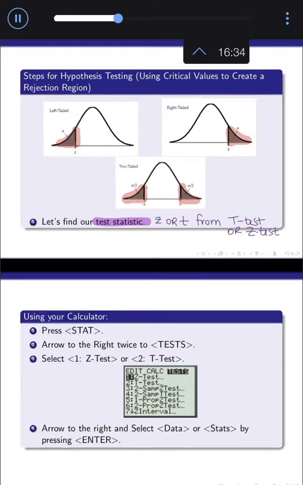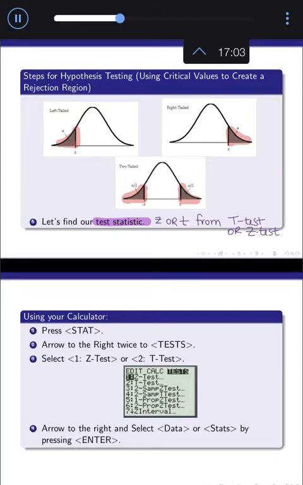And I say z's, but they could be t's, depending on whether or not you are given sigma, the population standard deviation, in the original problem. We'll find z's if we are talking about having the population standard deviation sigma given to us in the problem. If not, then we're going to be stuck finding t-values.